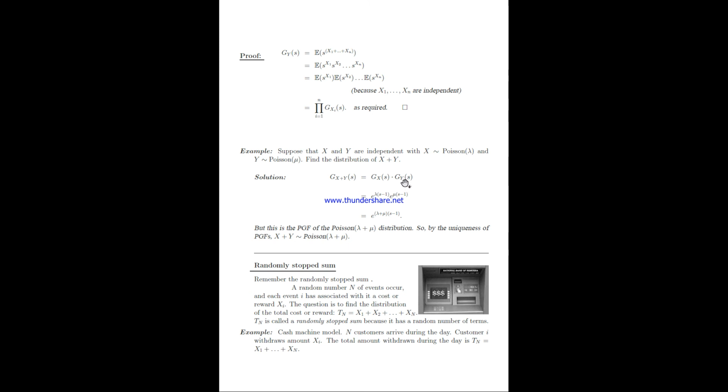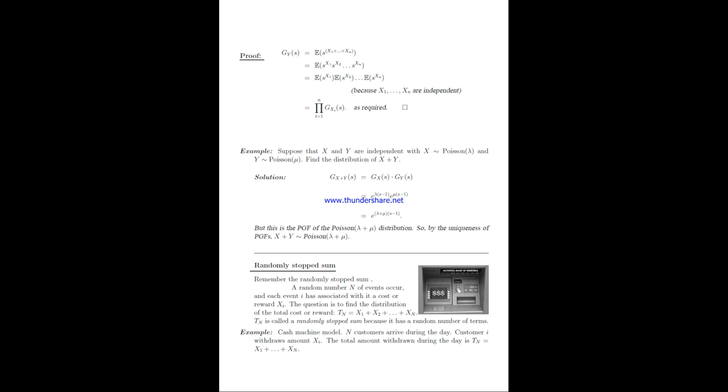And for the y variable the parameter is mu, so the probability generating function, as we know for a Poisson distribution, is e to power mu into s minus 1. When you further simplify, you have e to power lambda plus mu into s minus 1. This shows the characteristics of a probability generating function of a Poisson distribution, where your parameter is lambda plus mu.